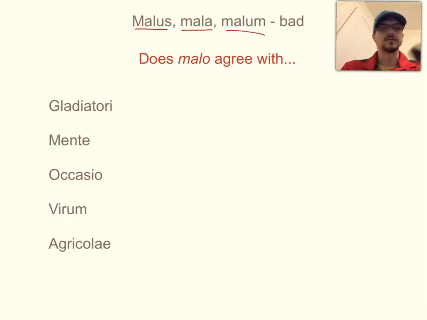Let's get started here. Gladiatori, we know that that's from gladiator, gladiatoris, so it's third declension. But we don't really pay attention to declension, do we? We pay attention to case, number, and gender. So, when it's third declension, we know it's dative, we know it's singular, and we know it's masculine. Now, does malo agree in case, number, and gender?